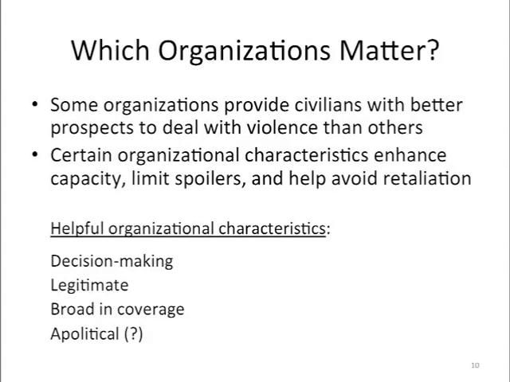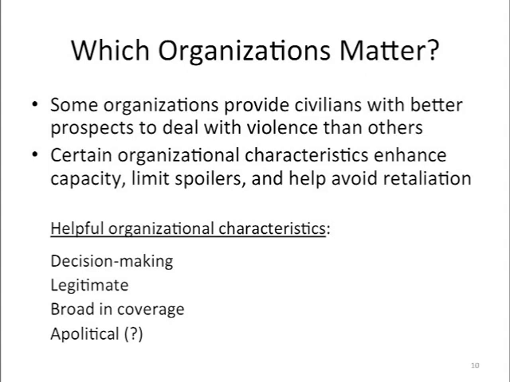So a question that stems out of this is, okay, which organizations matter? What kinds of organizations are most helpful for dealing with violence? And this is some of my theoretical thinking, which I think is perhaps straightforward. There could be other characteristics, but I'm going to go over some of these characteristics.